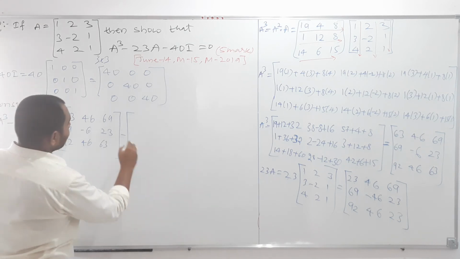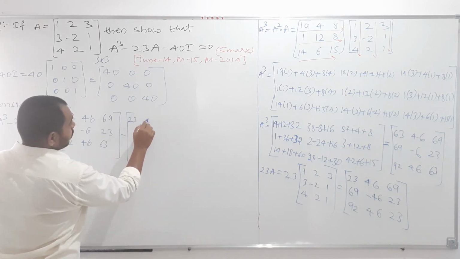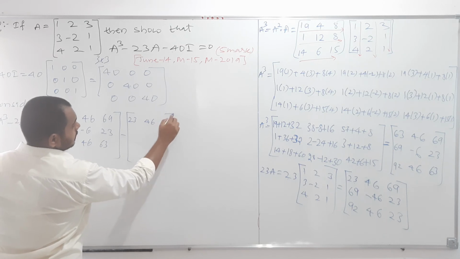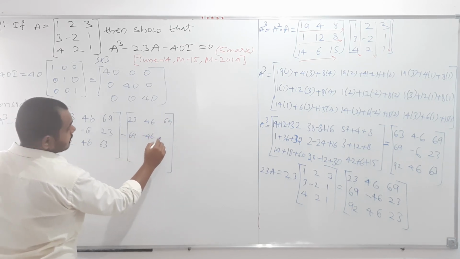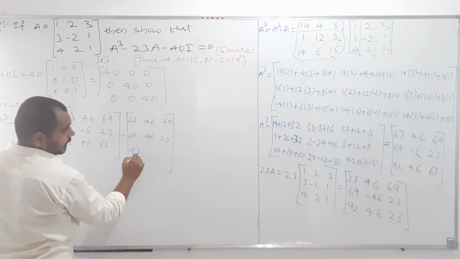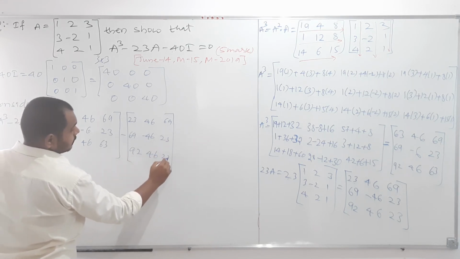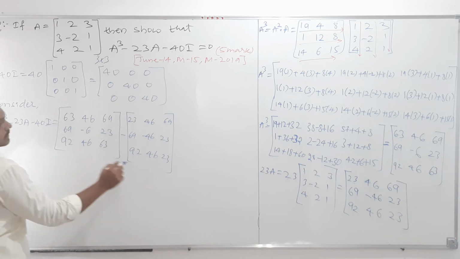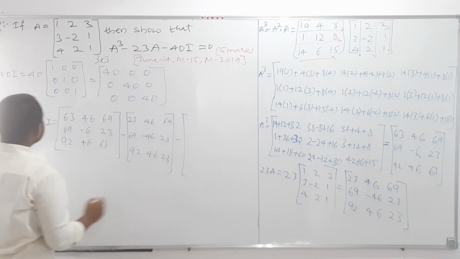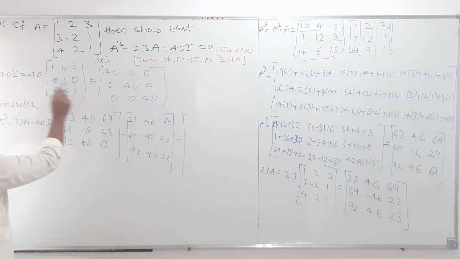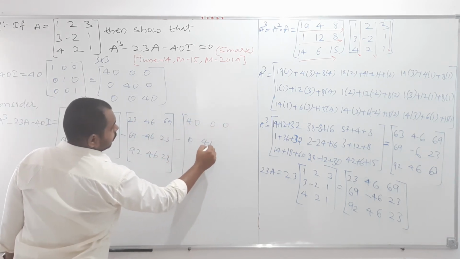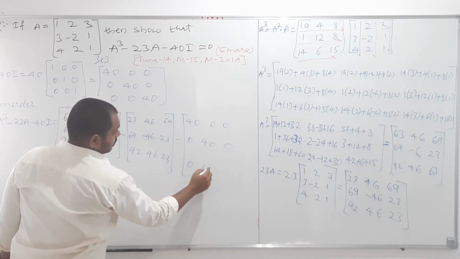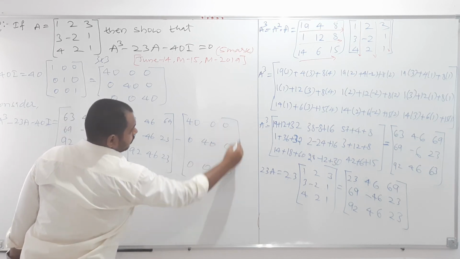What is 23A? 23, 46, 69, 69, minus 46, 23, 92, 46, 23. My dear students, next minus. What is 40 into I? 40 into I value is 40, 0, 0, 0, 40, 0, 0, 0, 40.